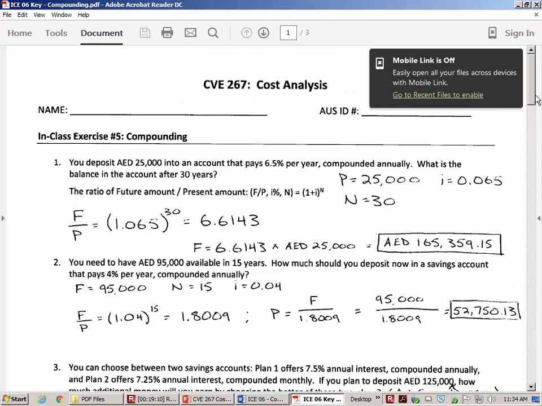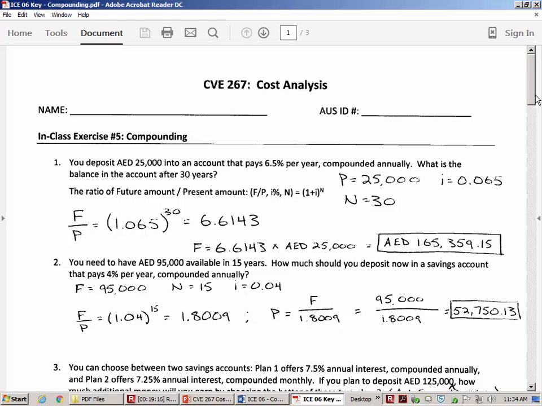Start with problem 1. Okay, problem 1, we're using the ratio F to P. We know the present amount is 25,000, and then we can calculate this factor here, 6.6143. So what that means is that the amount you deposit is going to grow by 6.6 times during the period that it's growing.